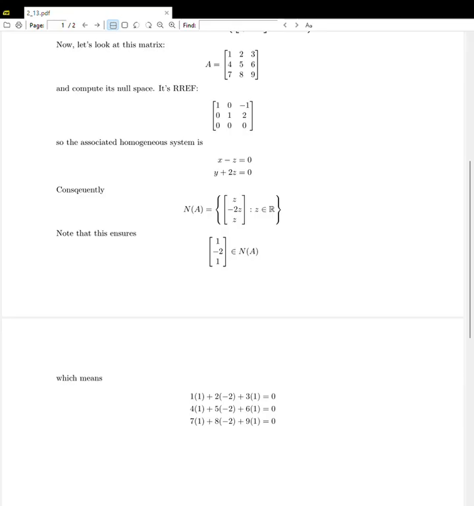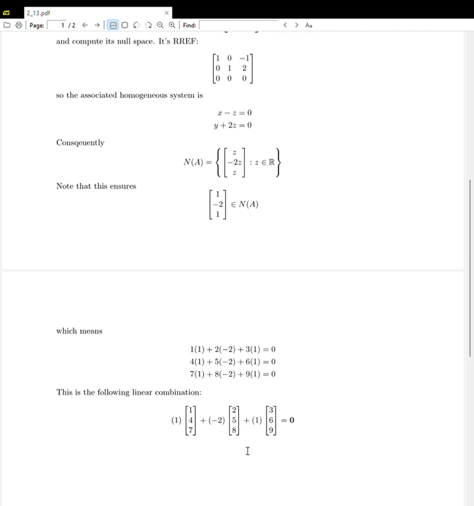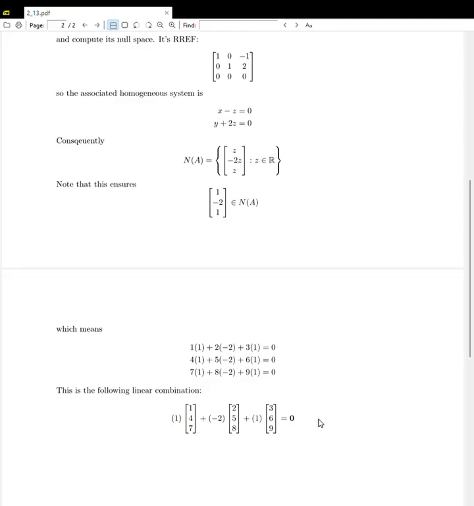So I took my vectors and I made them the columns of my matrix there. And here we see that if I reinterpret the system as a linear combination, I've arrived at the following. I have found that my vectors 1, 4, 7, 2, 5, 8, 3, 6, 9, I can scale and add them and get the zero vector. Pretty exciting.